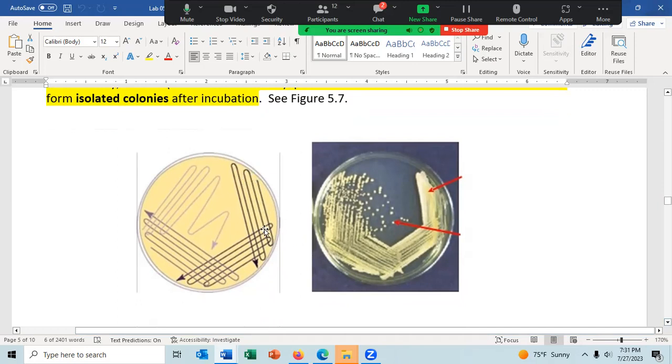It'll be a little higher right here than it will be right here. And then to streak out quadrant 2, you sterilize your loop, killing all the cells that are on it, and then come into start quadrant 2. And then where you get your cells is you move into quadrant 1, and you only go where the cells are at low number, like right here, and then move back into quadrant 2.